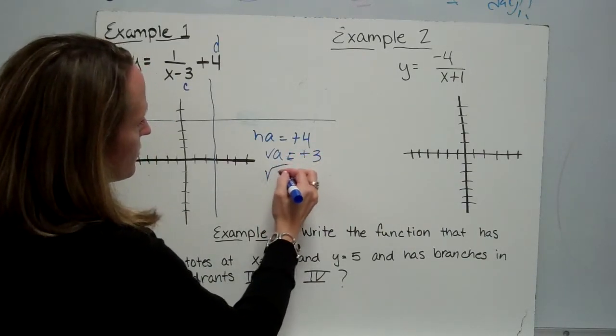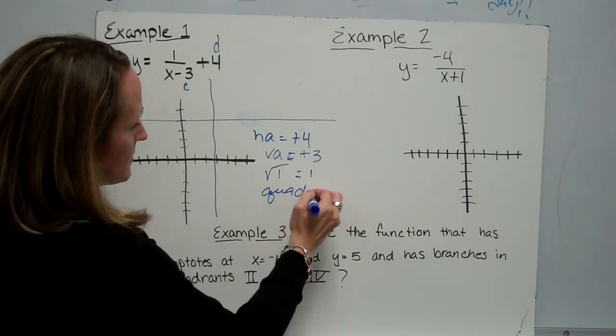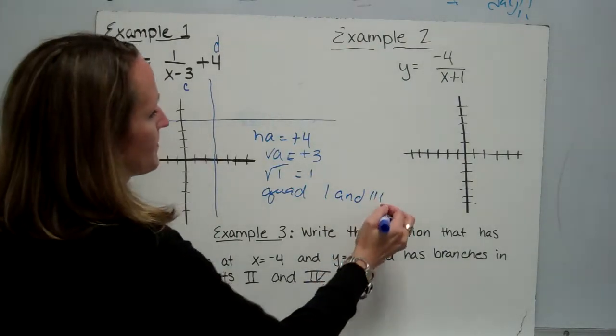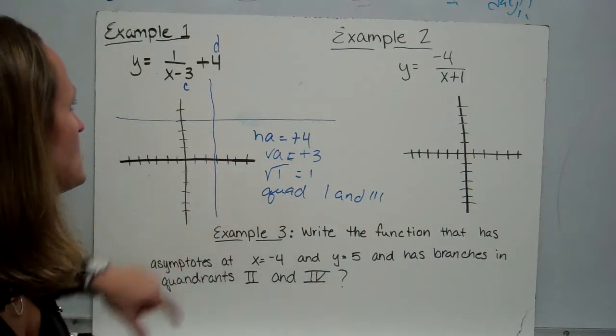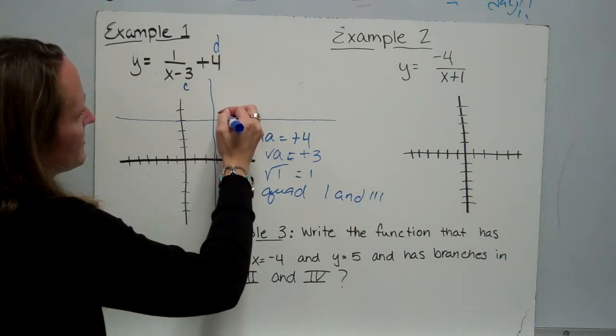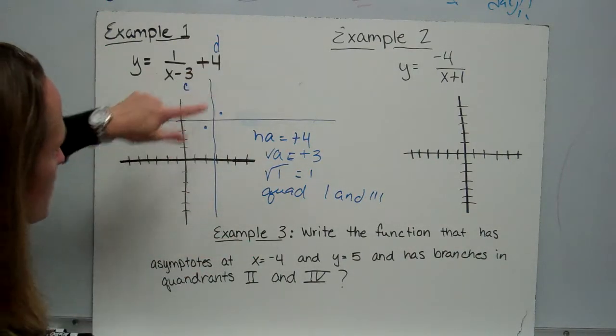My corners are at 1, and I know it's in quadrants 1 and 3. So if my corners are at plus 1, I'm going to come out just a little bit and put a dot. Come out just a little bit and put a dot. Remember, quadrants 1 and 3.